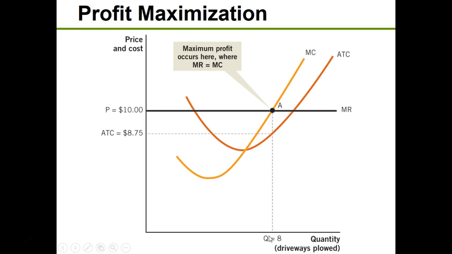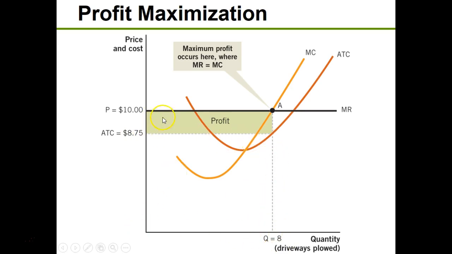And then graphically, we can visualize what profit is, and it's just this rectangle. Total revenue is going to be 10 times 8, which means total revenue is this entire rectangle here. And then total cost is going to be average total cost times Q, and so that's that smaller rectangle here.